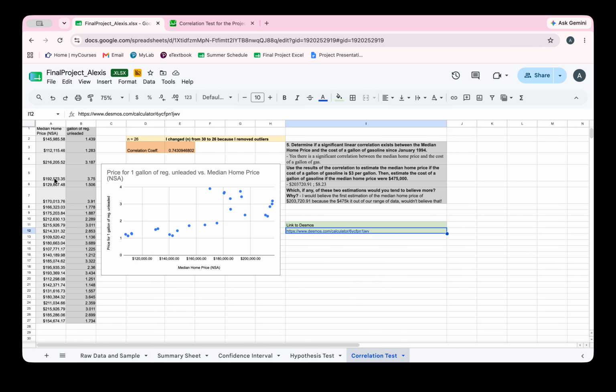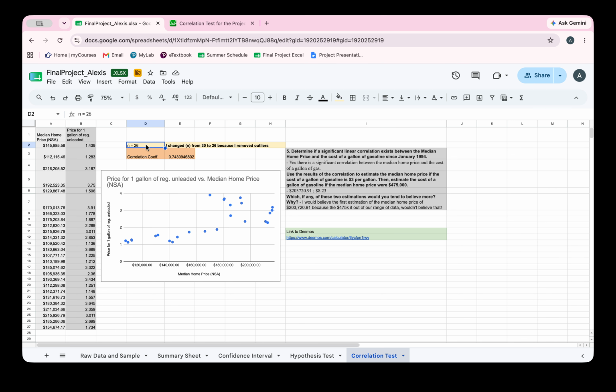Here, just so you know, I changed the sample size from 30 to 26 because I removed the outliers that we were seeing when I was doing the scatter plot, and also in Desmos, there were 4 outliers way out here that I had deleted.